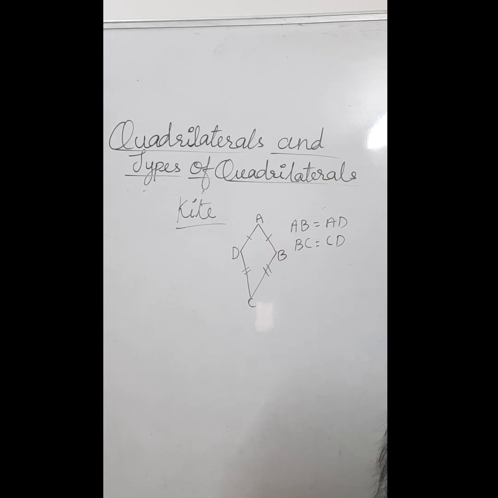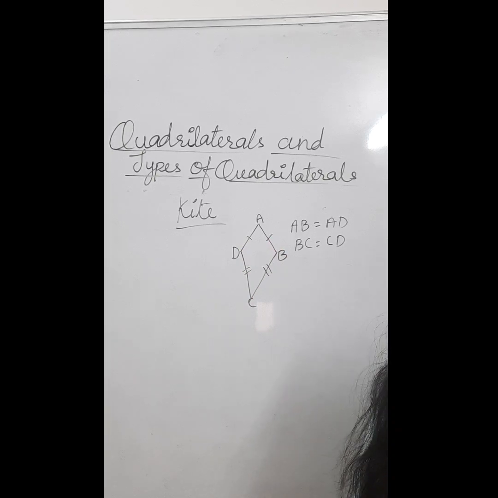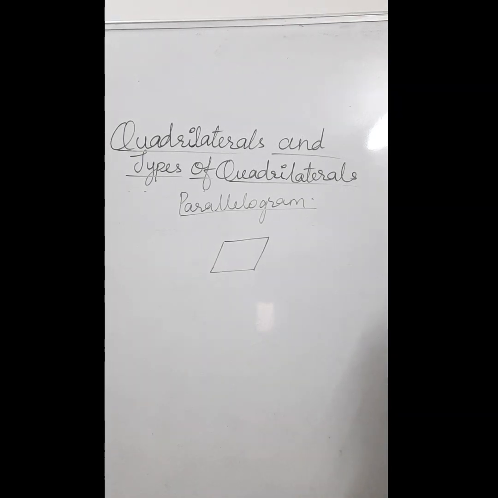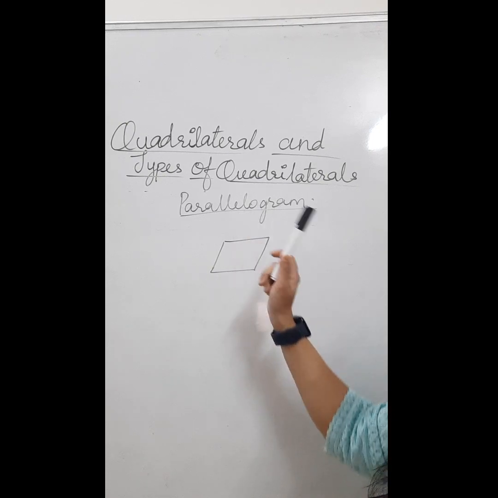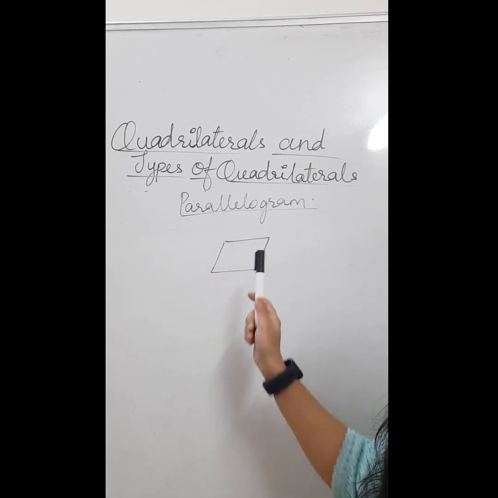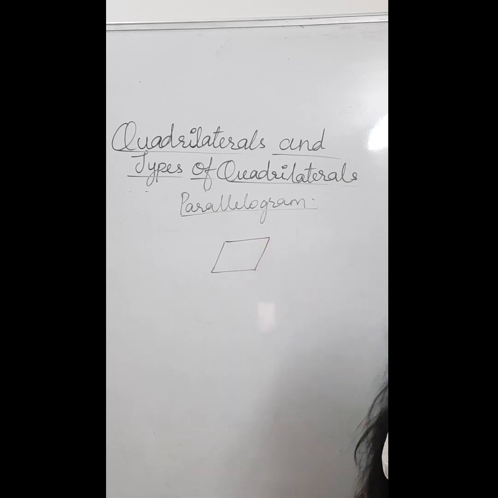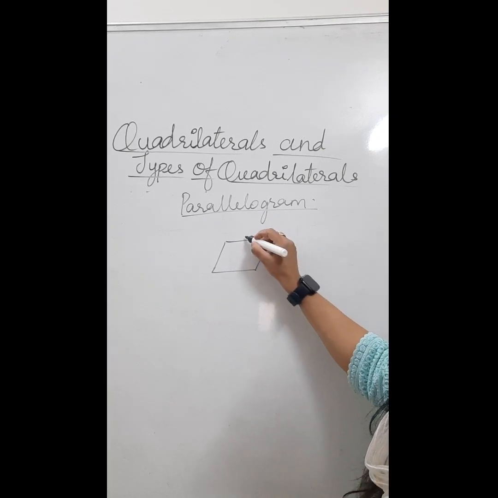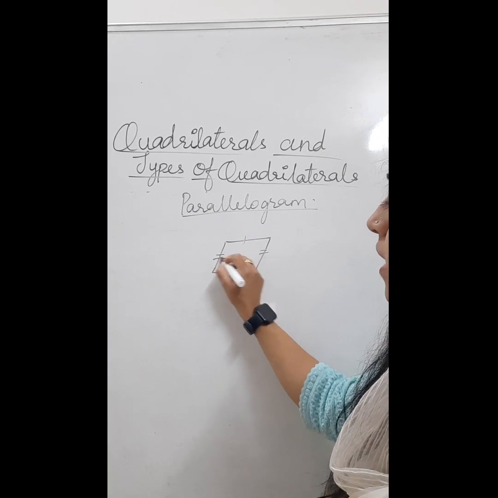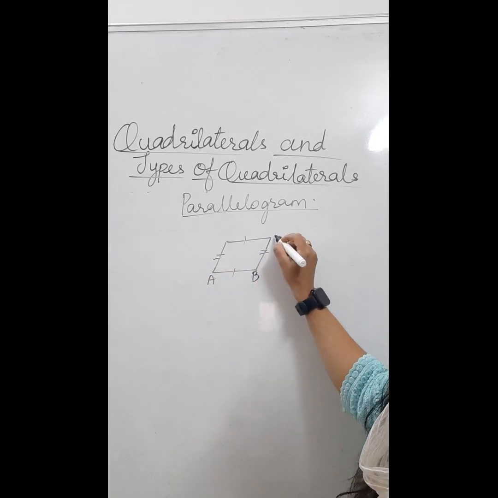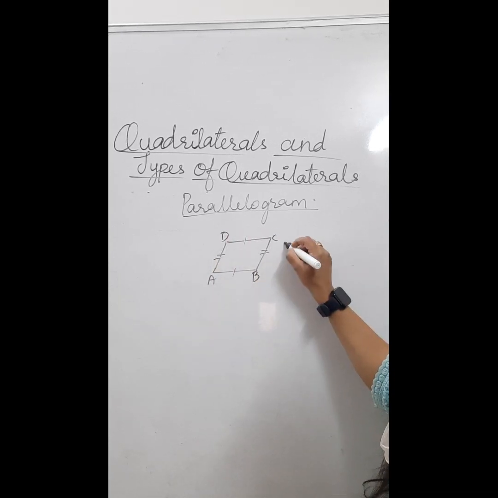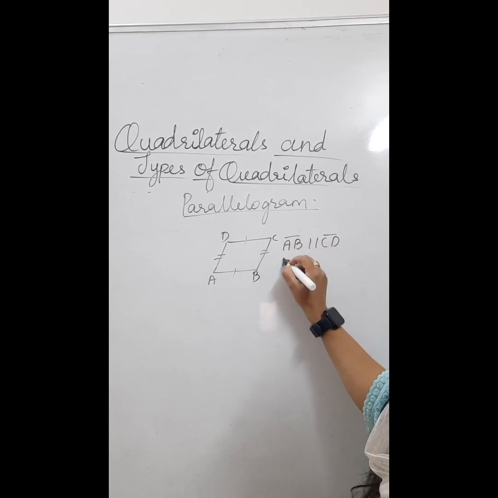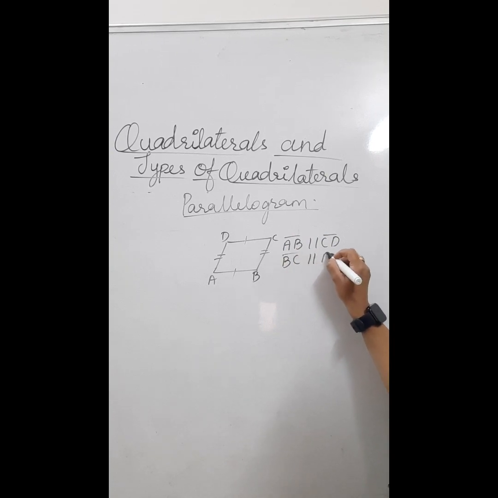After kite comes parallelogram. So, let us see what a parallelogram is. Again, a parallelogram is a quadrilateral. Why is it a quadrilateral? Because it is closed and it has four sides. In the case of a parallelogram, as the name suggests, its opposite sides will be parallel. For example, ABCD is a parallelogram where AB is parallel to CD and BC is parallel to AD.